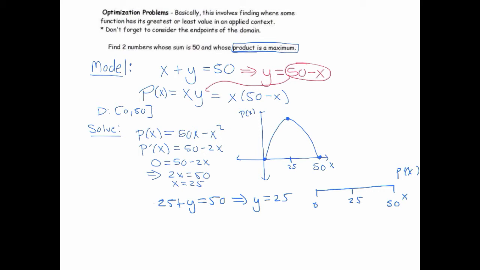So for instance, if you plugged in 10 into your derivative, you would get a positive number. And if you plugged in 30 into your derivative, you would get a negative number, which means we've definitely found a max.